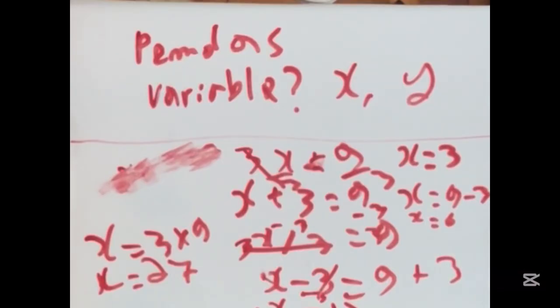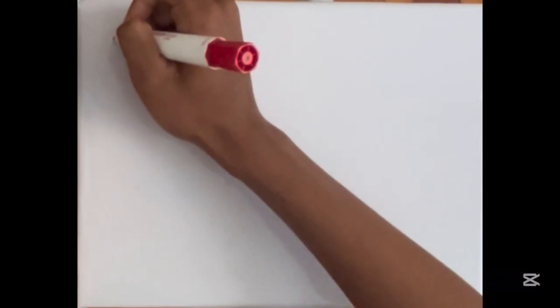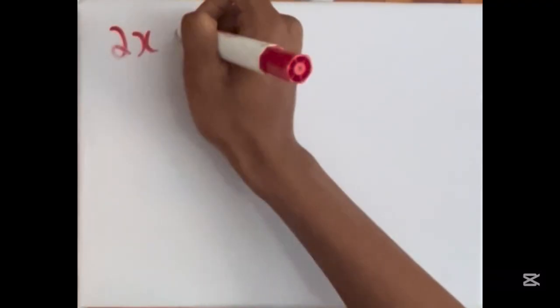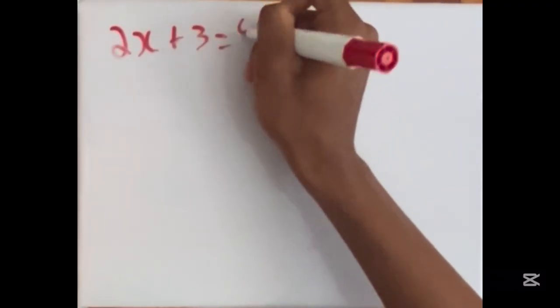Now that we've talked about the concept of solving linear equations, we're going to do some more practice so you understand them better. Let's do some more complex practice. Let me write them out. 2x plus 3 equals 9.